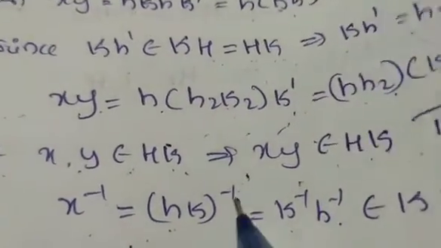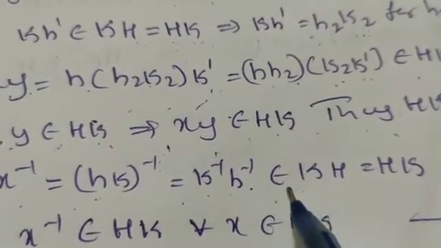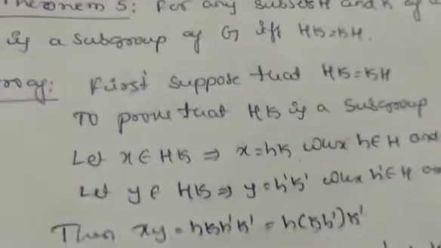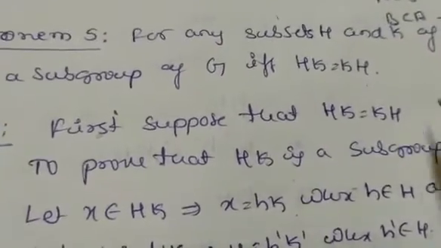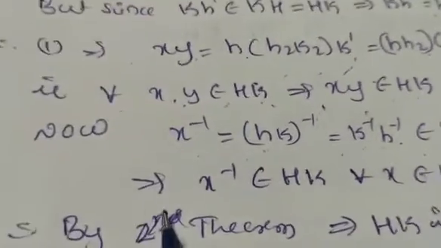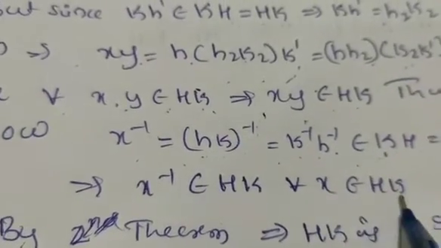So (h into k) whole inverse equals k inverse h inverse, which belongs to K into H. And we know K into H equals H into K, as we have taken in the statement. So this equals H into K. So this implies x inverse also belongs to H into K for all x belongs to HK.